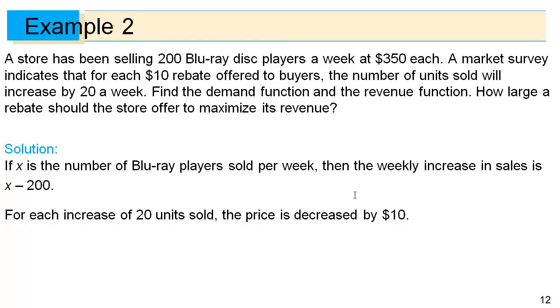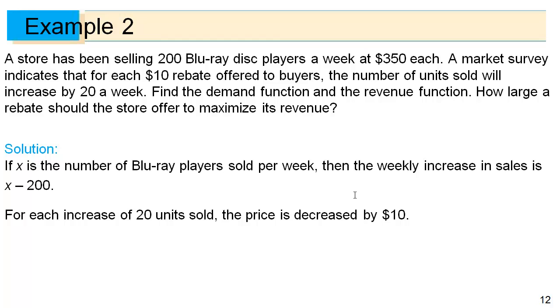All right, we've identified the problem. We can't really draw a picture here, but we can start labeling some things and coming up with our equations. If x is going to be the number of Blu-ray players sold in a week, then the weekly increase in sales is going to be x minus 200.